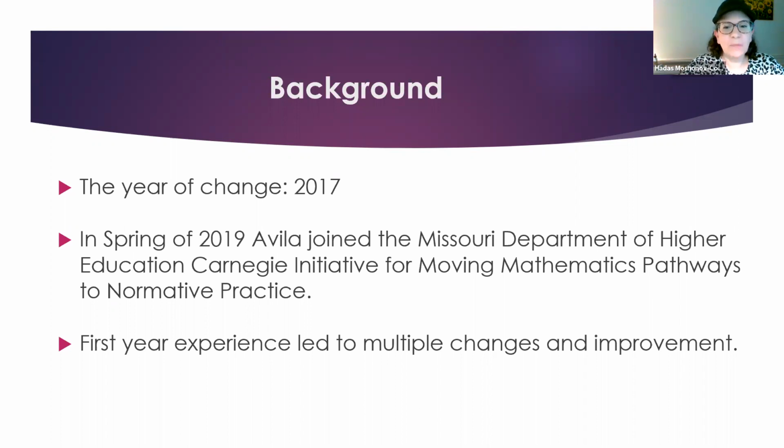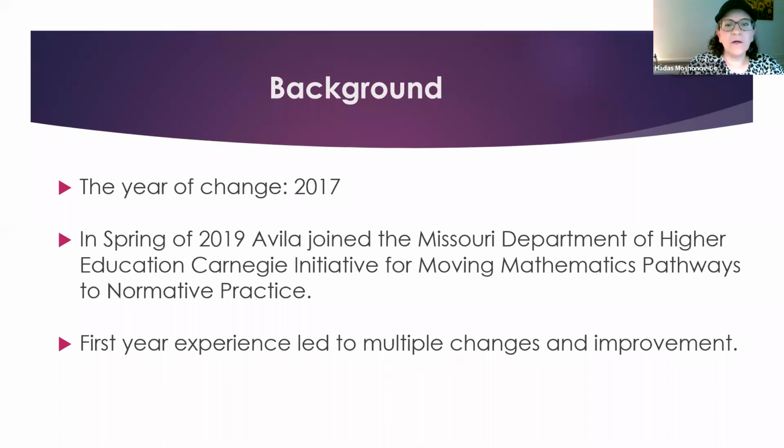The major change that we made after the first year was that the course now services students that are taking multiple core math courses. We have students taking statistics and the Corequisite, and students taking college algebra and the Corequisite, and they're all together in the same section.